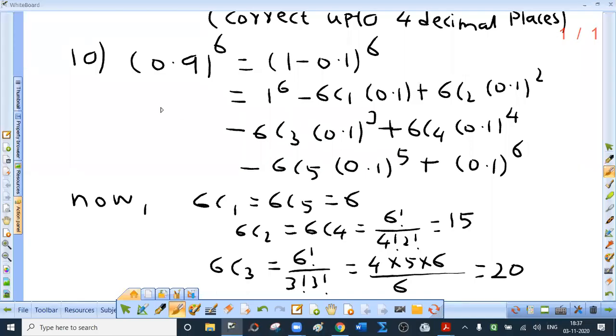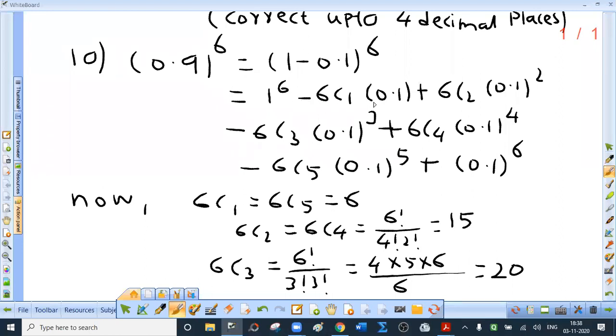Last sum, 0.9 raised to 6 up to 4 places of decimals. 0.9 is what? 1 minus 0.1 raised to 6. Use binomial theorem. Terms are alternately positive and negative. 1 raised to 6. See, in the remaining terms, I have directly considered powers of 0.1. Why? Because 1 raised to any power is always 1.